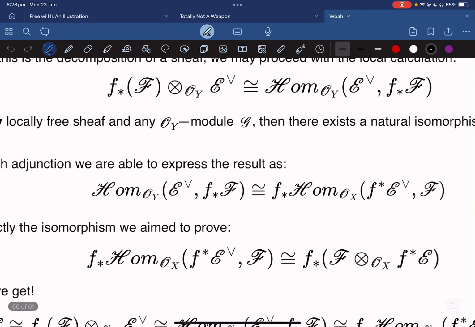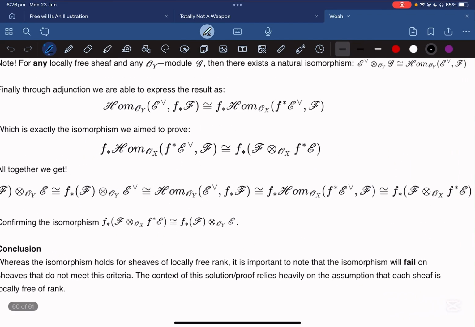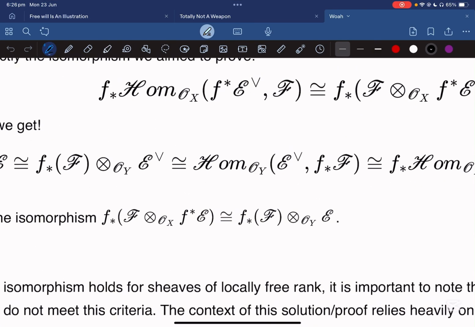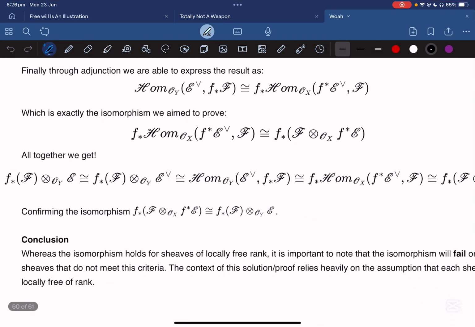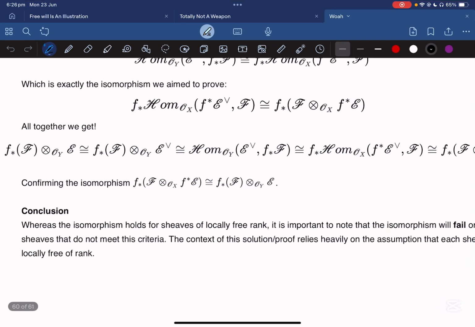Here we get our sheaf, and all together we get this, confirming the isomorphism. Note, we need to make sure that we are constantly stating that E is a locally free sheaf of finite rank, because this natural isomorphism will only hold for locally free sheaves of finite rank, because if they do not meet these criteria, then it will fail on sheaves that don't meet it.